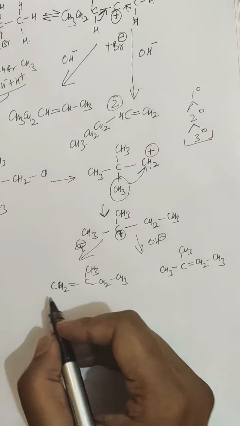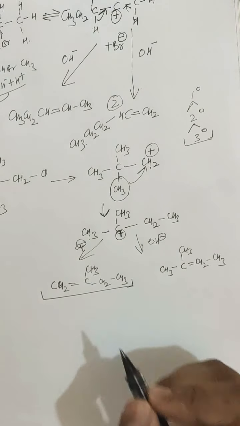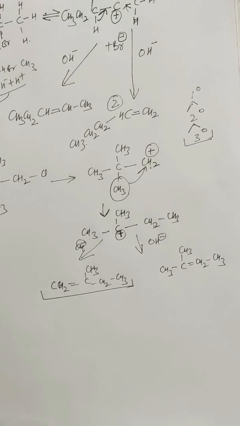This product is more in concentration as per the Saytzeff rule. So this product is formed by the rearrangement of the carbocation. Now you can compare the E1 and E2 mechanisms. That's the revision work for you, to compare the E1 and E2 mechanisms.